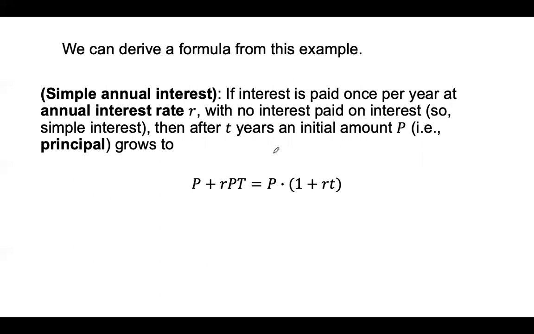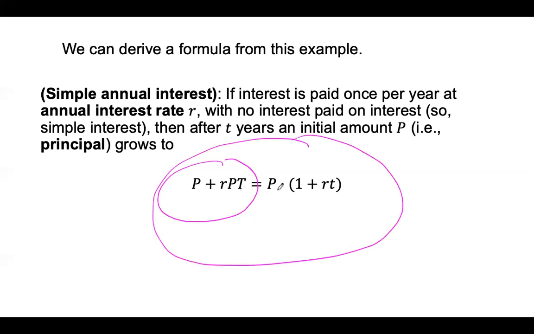After t years, the initial amount P, called the principal, grows by this formula: the principal plus the rate times the principal times our time. We can factor out the P, and we get P times bracket 1 plus RT in bracket. That is the simple interest formula.